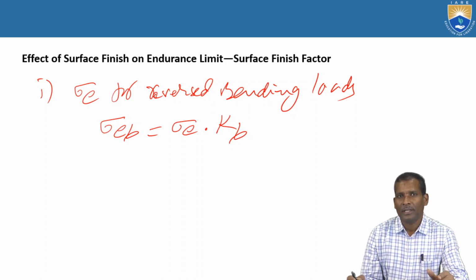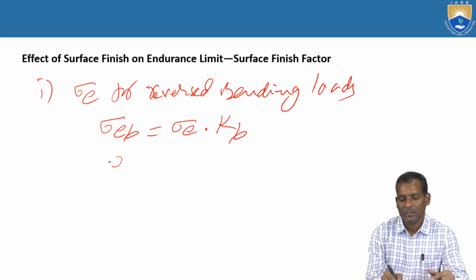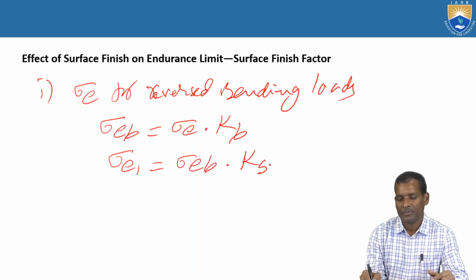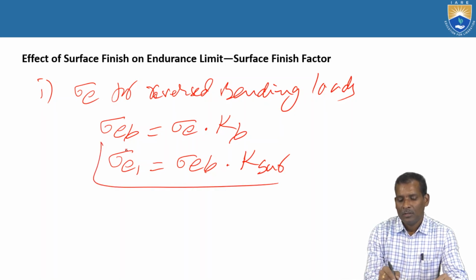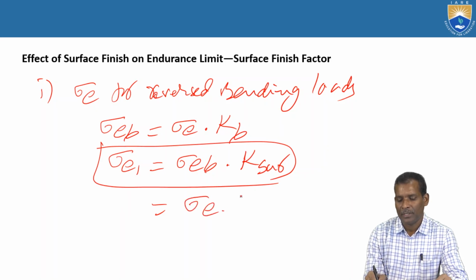Now, whenever you consider the surface finish factor, calculate the new endurance limit: sigma E1 equals sigma EB multiplied with K surface finish factor.